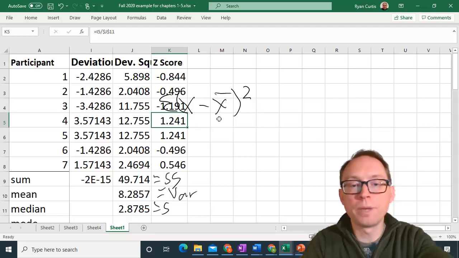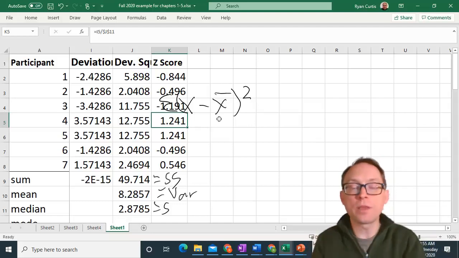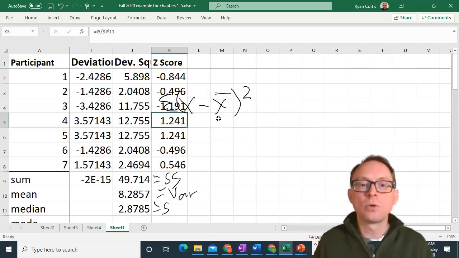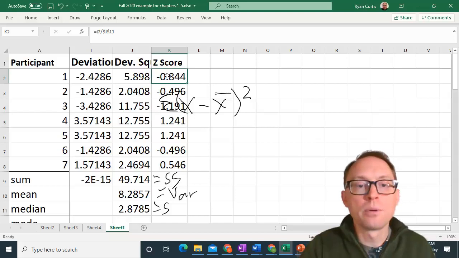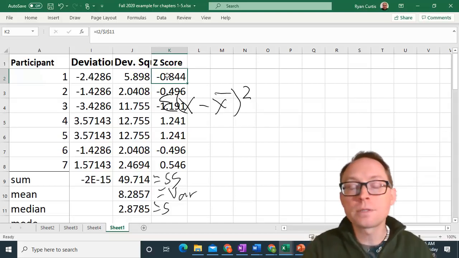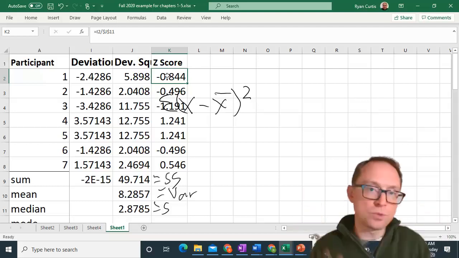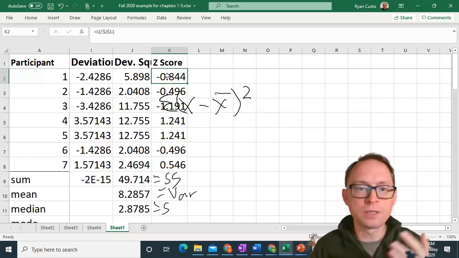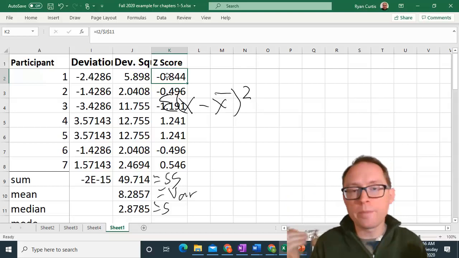Now, why would we do that? Because now we can think about things in terms of standard deviations. So we can talk about participant 1's liking for donuts and Ricky Martin's tenure in Menudo in the same standardized way. We don't have to worry about whether we're talking about years or weeks or months, or whether the liking is between 0 and 10 or 0 and 100. We standardized it.